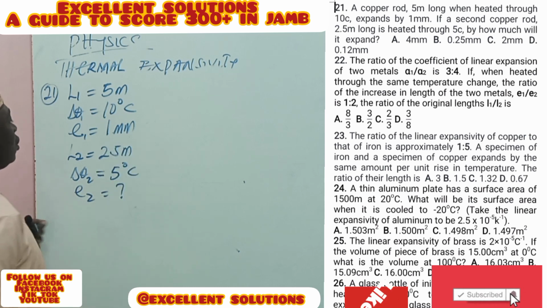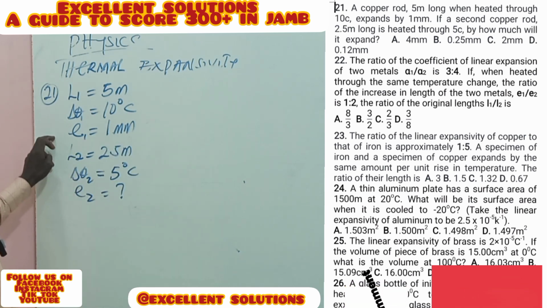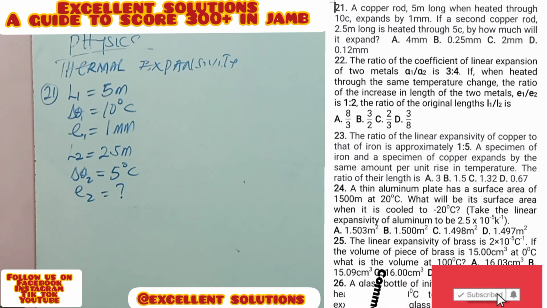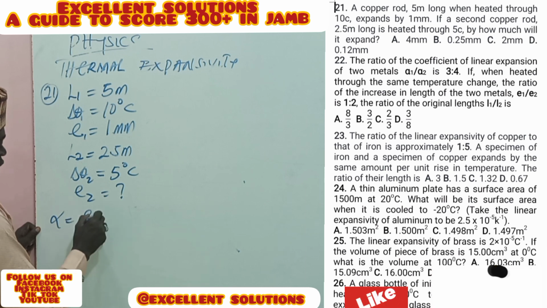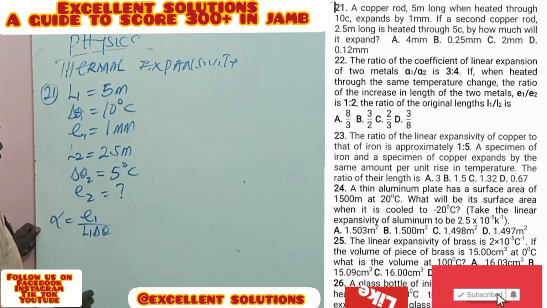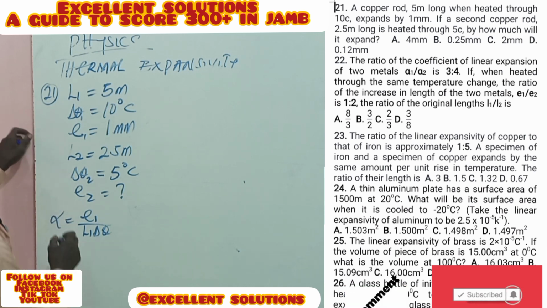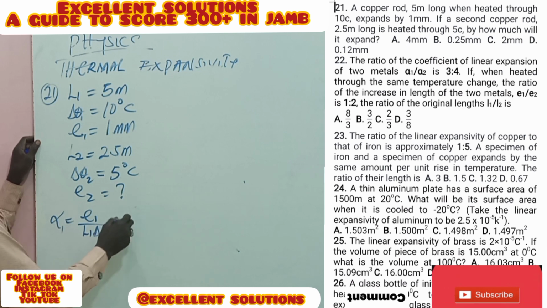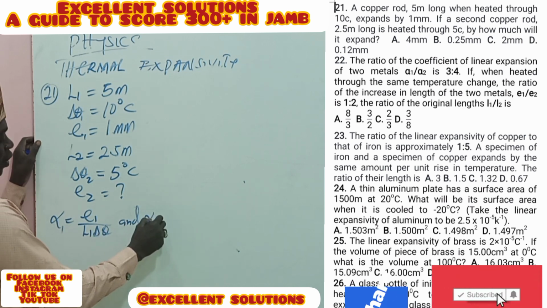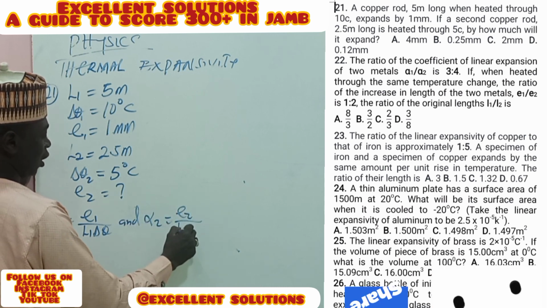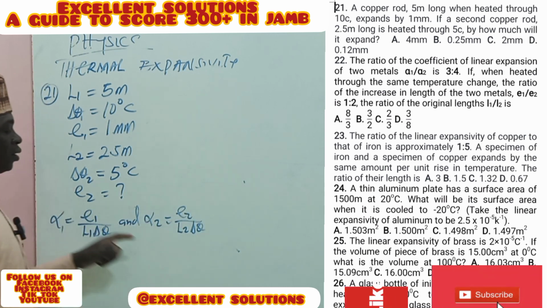So E2. If you recall, if we look at our expansion, we know that alpha equals expansion over L1 delta theta. So alpha 1 equals expansion over L1 delta theta, and alpha 2 also equals E2 upon L2 delta theta.